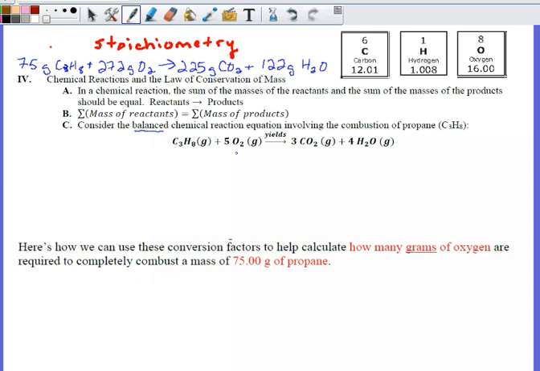of each individual species. And that just goes by the formula. So as we did before, if you have 3 carbons and 8 hydrogens, your molar mass, each carbon is 12.01 and each hydrogen is 1.008.